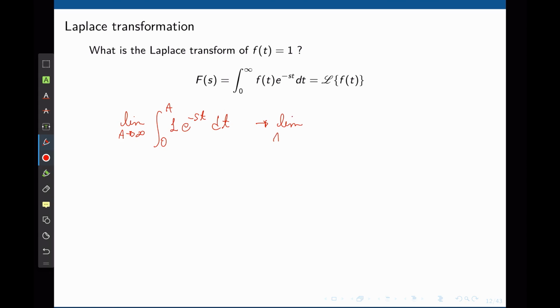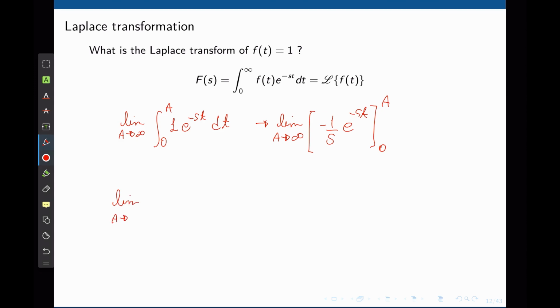We can now solve for that integral easily as the limit when a tends to infinity of the integral of the exponential of negative st, which is negative 1 over s times the function itself, from 0 to a.